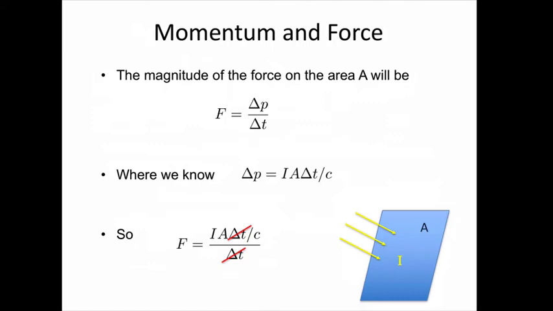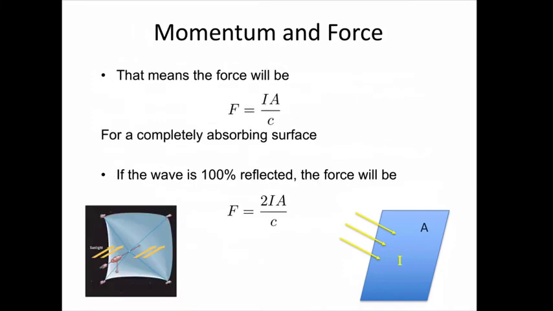So, substituting in, we can see that we can cancel out the delta t's, and we end up with an expression for the force exerted by light hitting a surface. That expression is, the force will be the intensity times the area over c if the light is completely absorbed, but will be double that if the light is completely reflected.